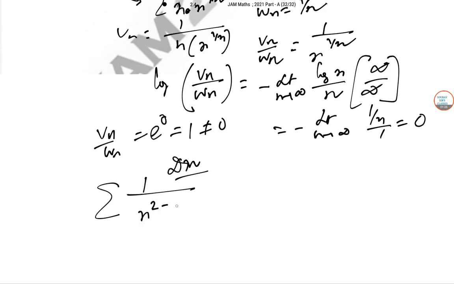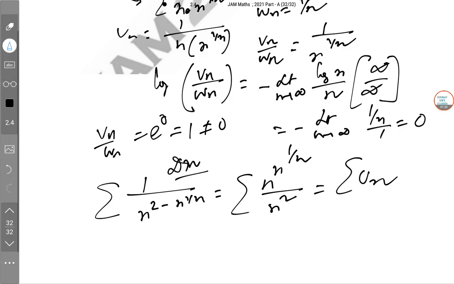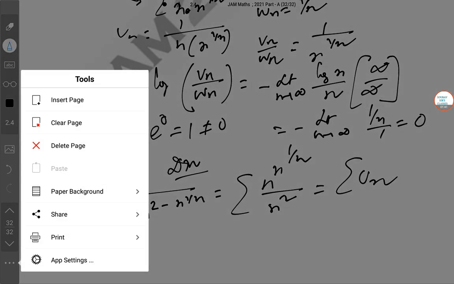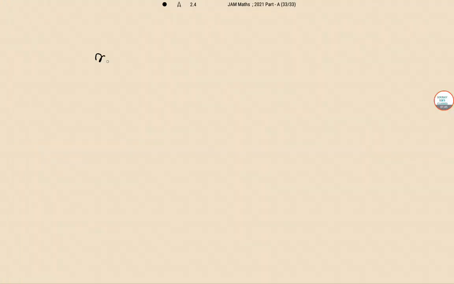Second case, n to the power 1 by n, so this is summation n to the power 1 by n square. So summation of this is considered as un. So here we take n log of un by un plus 1.